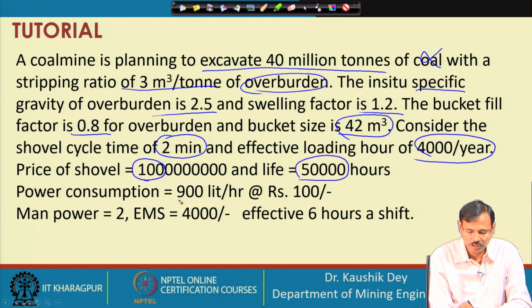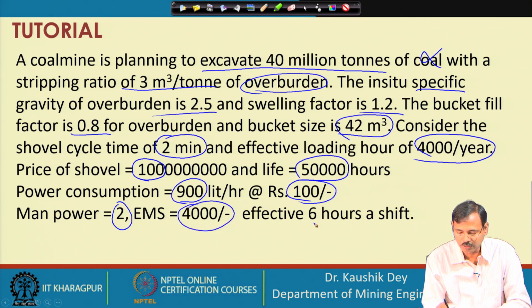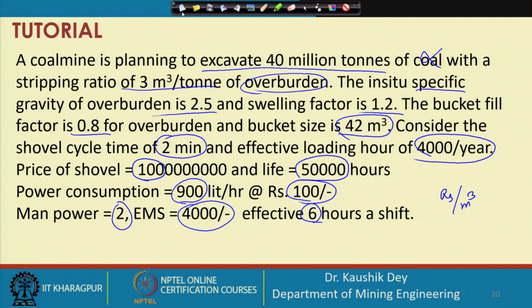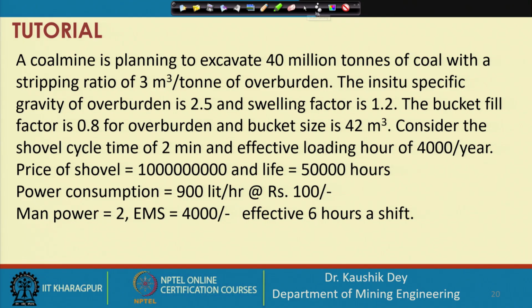Diesel consumption is considered as 900 liter per hour and diesel price is considered 100 rupees. 2 manpower is required with earning per man shift as given and effective 6 hours are available in a shift. These are the considerations given here and we have to find out the cost of excavation in rupees per meter cube. Okay. So, this is the consideration.